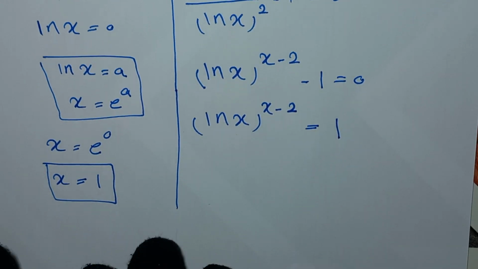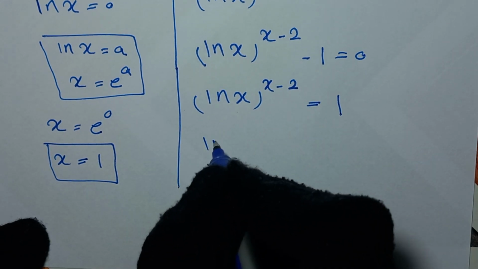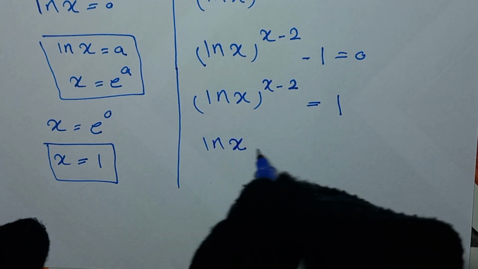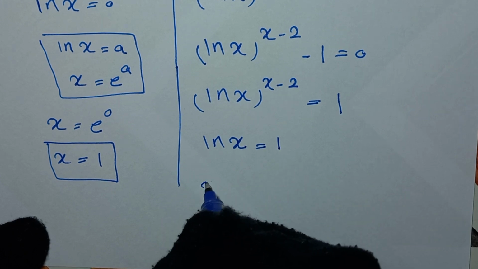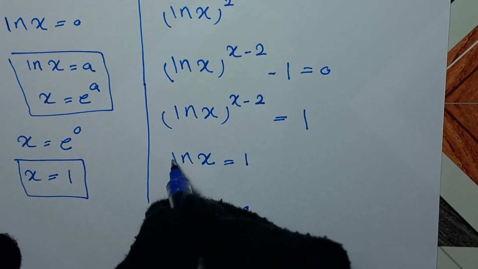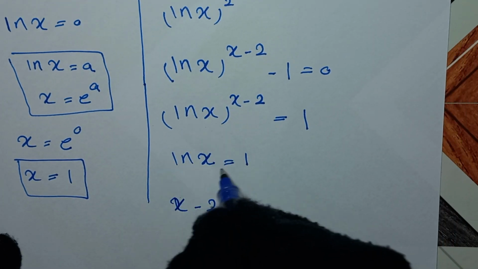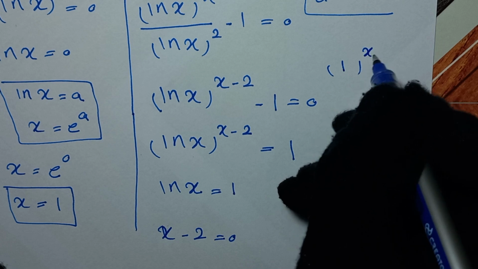So here we have two solutions. ln x is equal to 1, or x minus 2 is equal to 0, right? Here, if ln x is equal to 1, it will be 1 to the power of x minus 2.